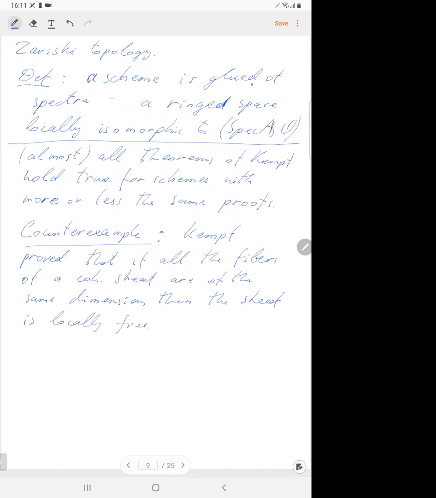Okay, and now let's consider, in place of a variety, let's consider X the spectrum of the ring K[epsilon] modulo epsilon squared, and our sheaf F is the localization of a certain module, and this module is just the augmentation module.